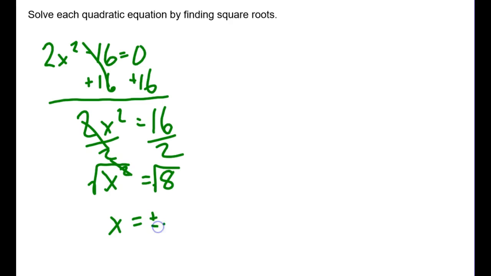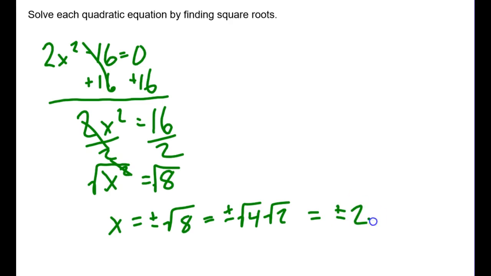So we have x equals plus or minus radical 8, which we can break down to the square root of 4 times the square root of 2. We know the square root of 4 is 2, so this is plus or minus 2 radical 2. That's using the square roots method.